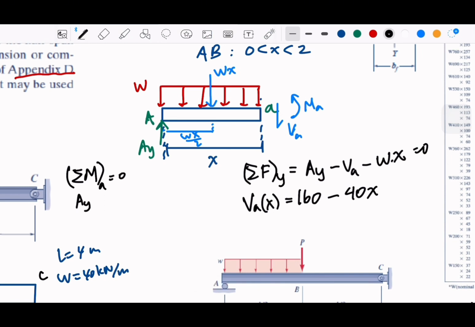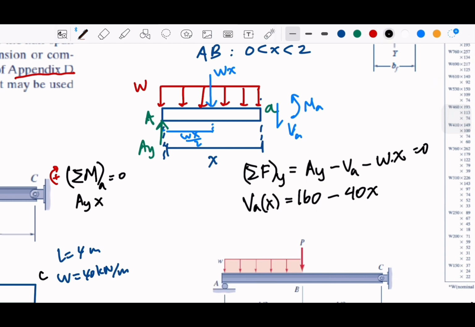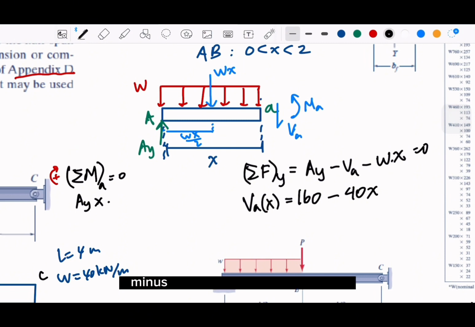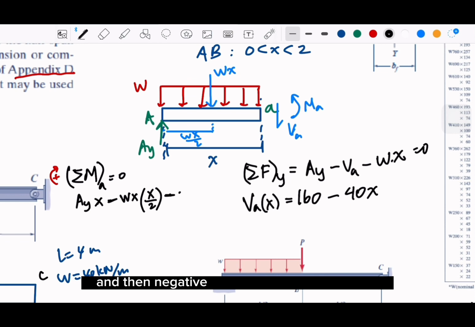So AY, let's say we take that as positive, so AY multiplied by X, minus WX multiplied by X over 2, and then negative MA equal to 0.